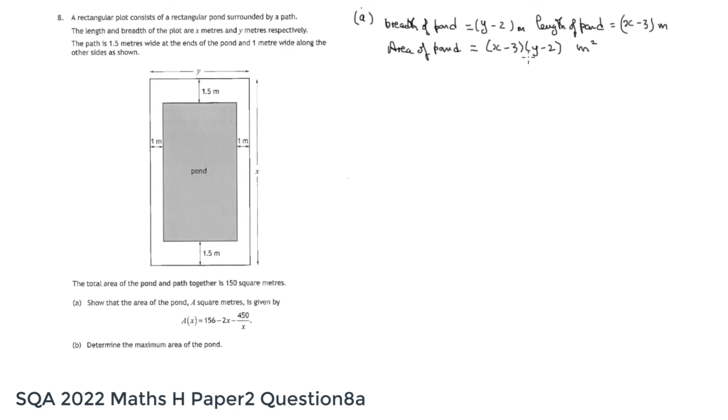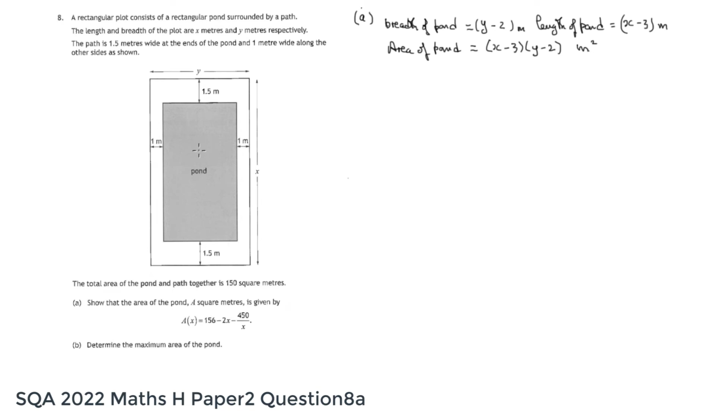Now, unfortunately, that's got y in it, and we're asked to find an expression that contains only x as the variable. So this y has to disappear somehow. Now let's look at the information we're given. All of this information involves what's seen on there. However, this extra piece of information, that the total area of the pond and the path together is 150 square metres.